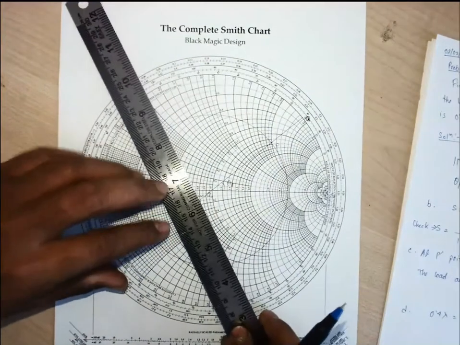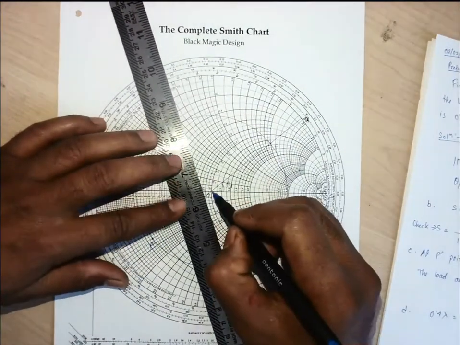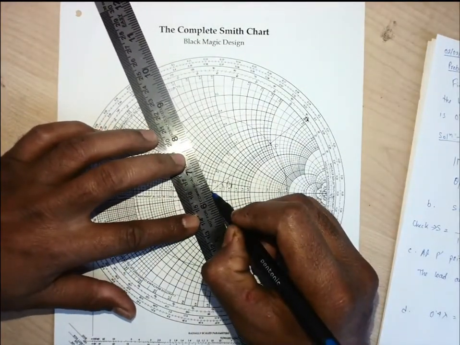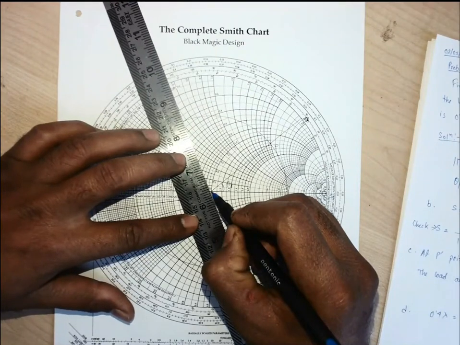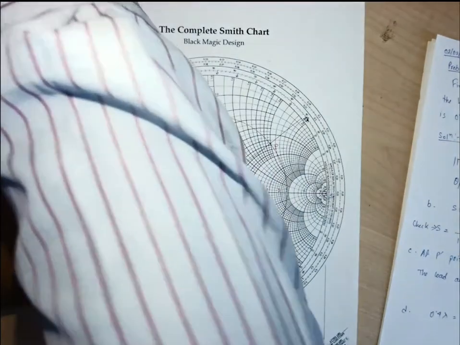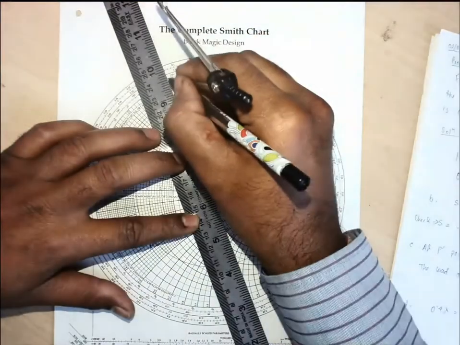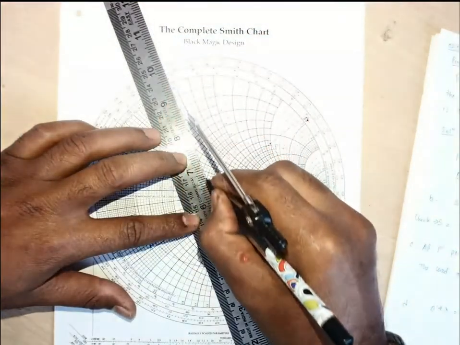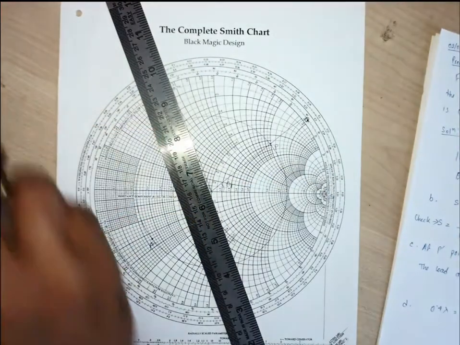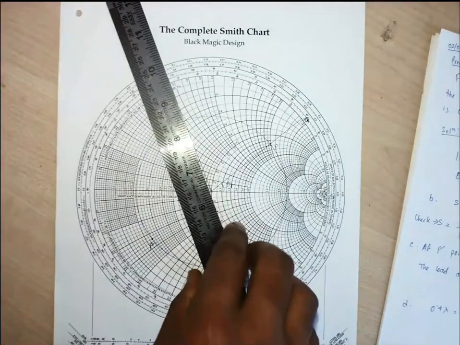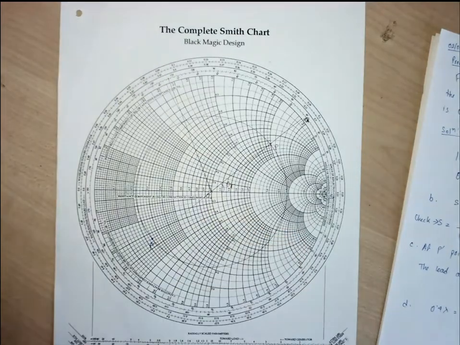So what we need to do, we need to connect this point with our origin. Okay. So at this point we need to find out admittance, sorry, impedance, to have the input impedance at this point.